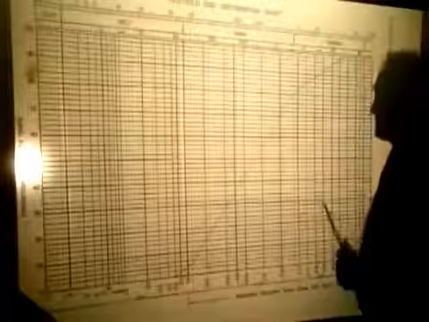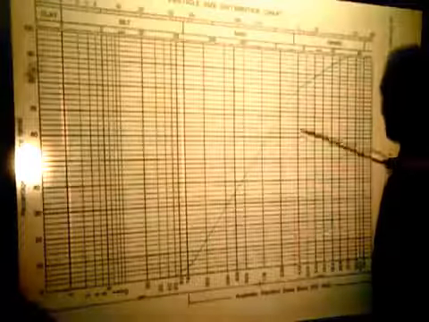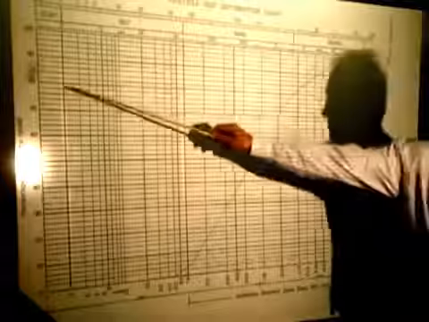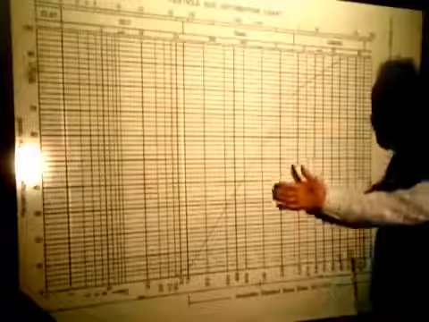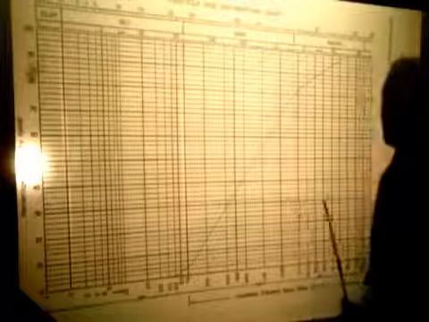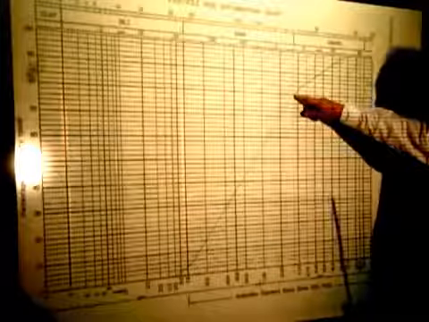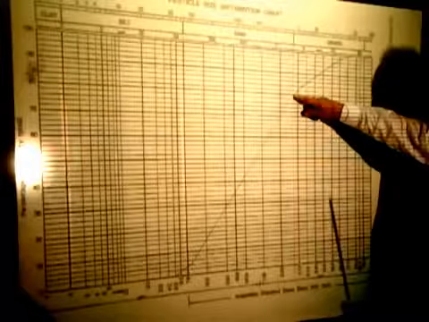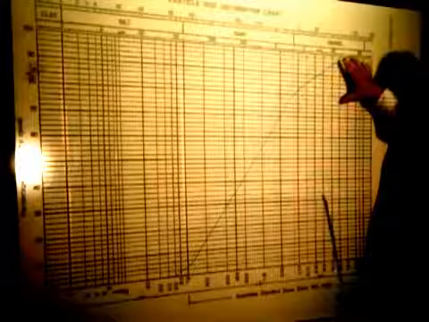We can determine the percentage of each soil fraction by projecting along each boundary and then across to the vertical percentage axis, and from that determining how much is in the gravel, sand, silt or clay category. In this sample here, the intersection between gravel and sand is at 80%, which means that there's 20% above that, there being 20% gravel.